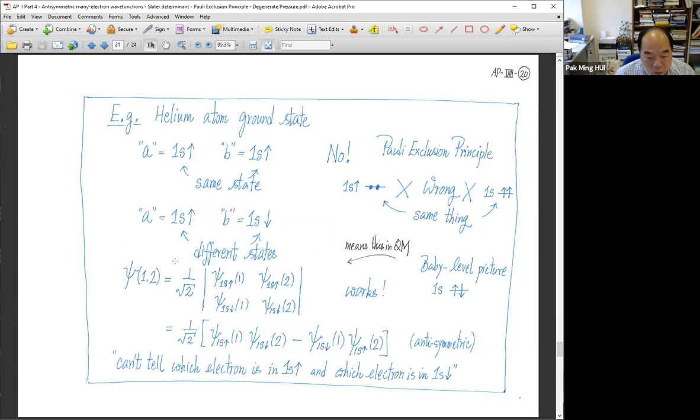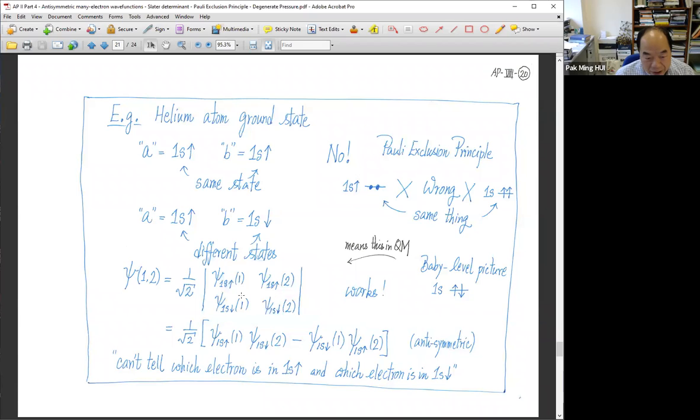Therefore, we just plug it into our Slater determinant, then we will have A and B. Now notice that they are not the same. The fourth quantum number, so-called by Pauli, they are different.